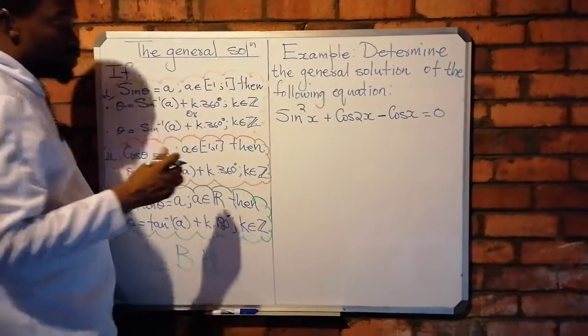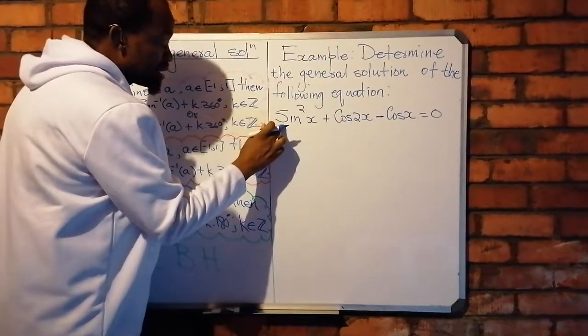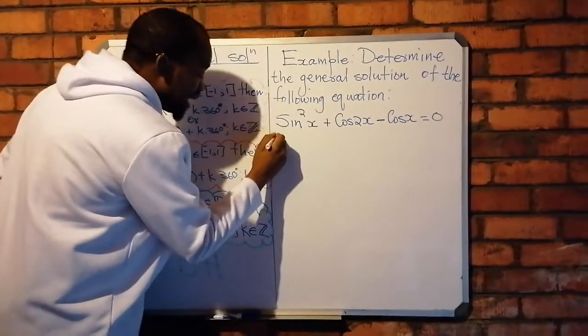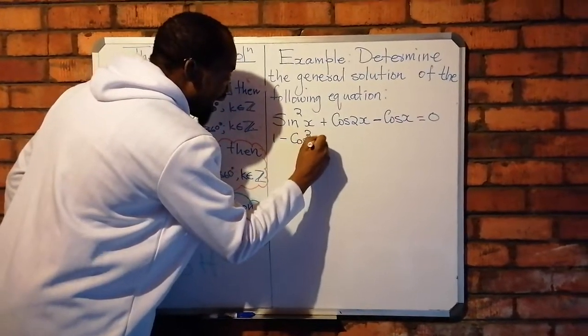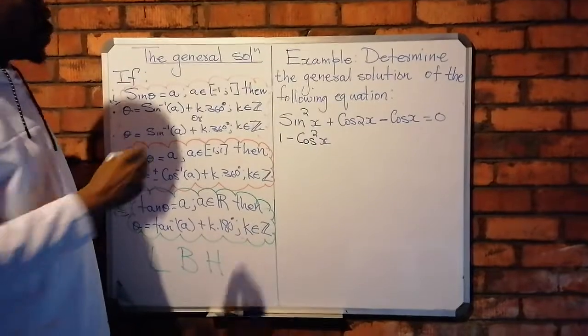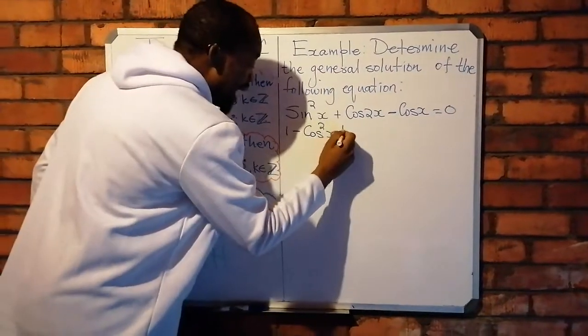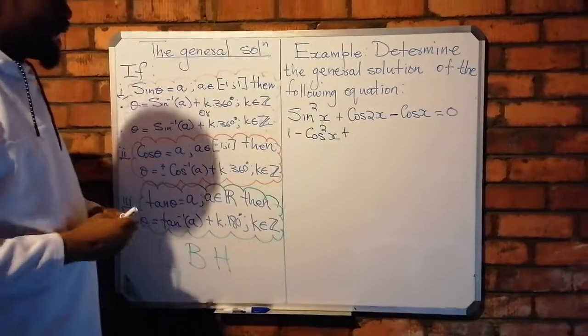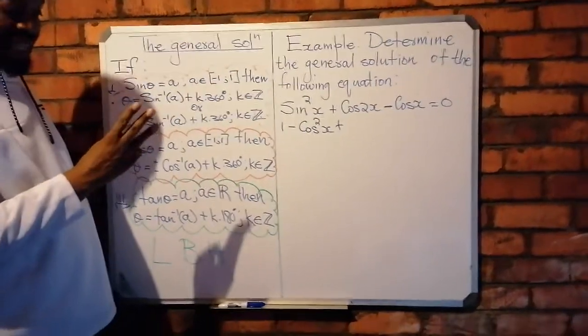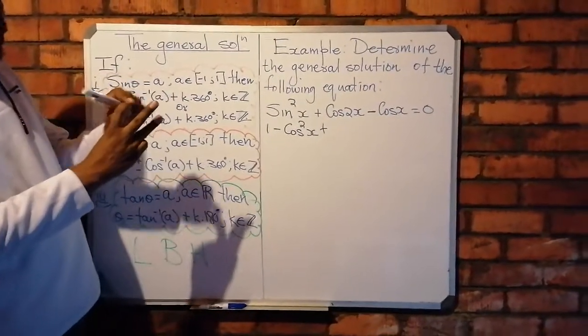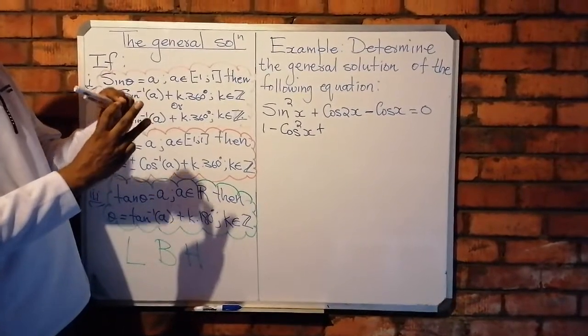Now, I'm going to do that. Sine squared x is the same as 1 minus cos squared x, that we know, plus cos 2x. It is now that challenging one which has got three things. It can be cos squared x minus sine squared x.